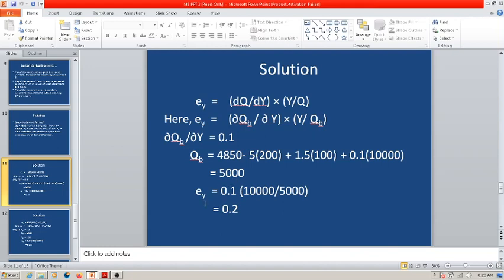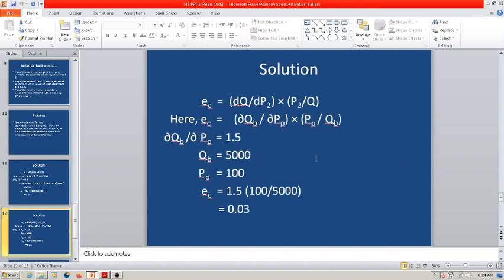And now you can calculate the income elasticity of demand, which is equal to the partial derivative ∂QB/∂Y into Y/QB, and this partial derivative is 0.1, multiplied by Y. Income is given as 10,000, divided by QB, which is the quantity demanded of beef, which we computed as 5,000. So 0.1 into 10,000 divided by 5,000 will give you 0.2. So the income elasticity of beef is 0.2.